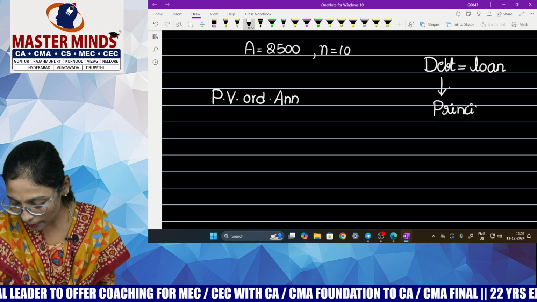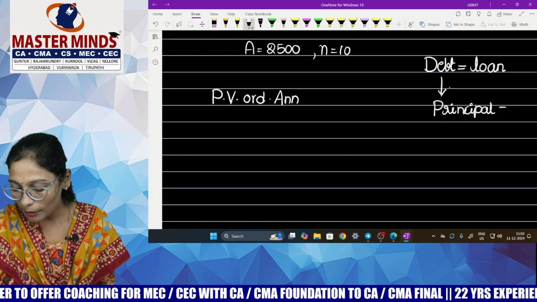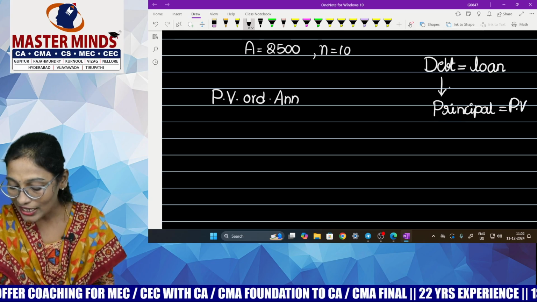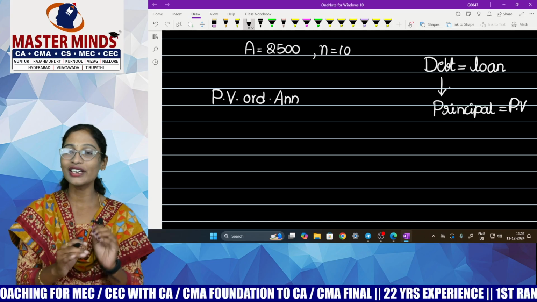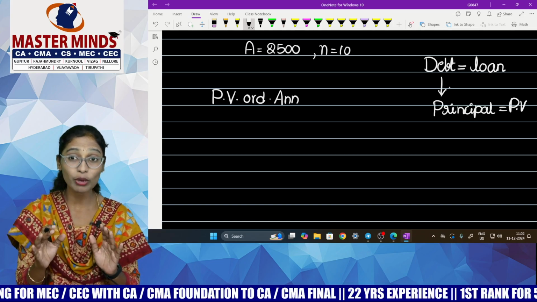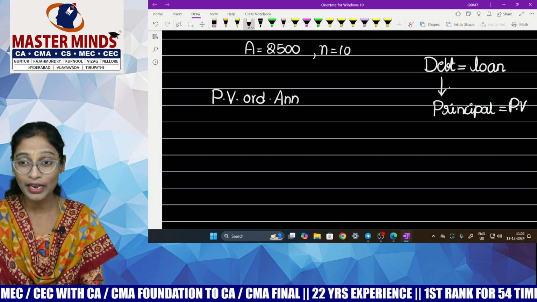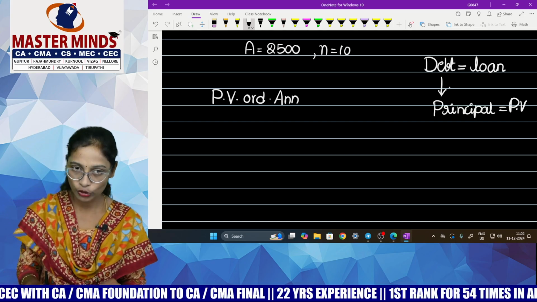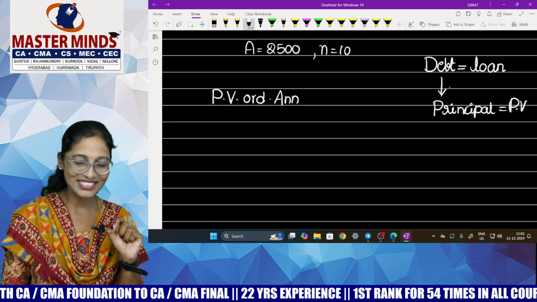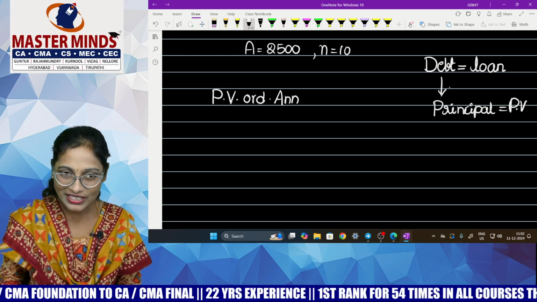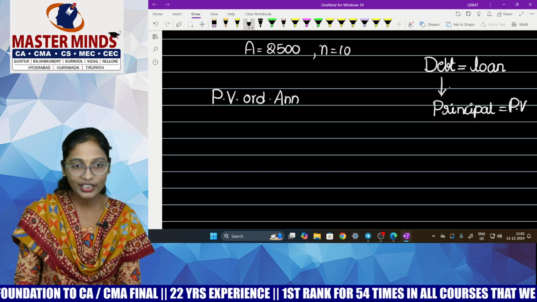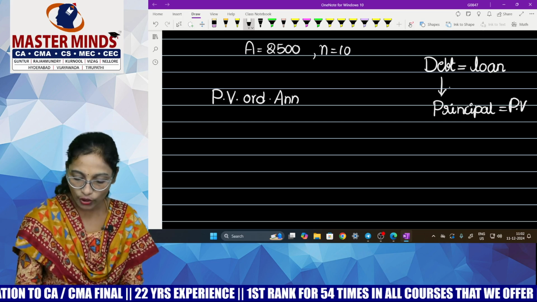Is principal the present value or future value? Present value. So as soon as you come across the word debt or loan, consider that loan amount or debt amount as the principal, which is nothing but present value. Treat all such loan-related and debt-related questions as present value. Now it is present value of ordinary annuity, no?